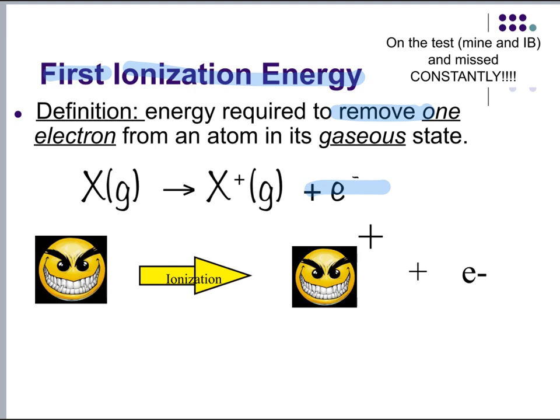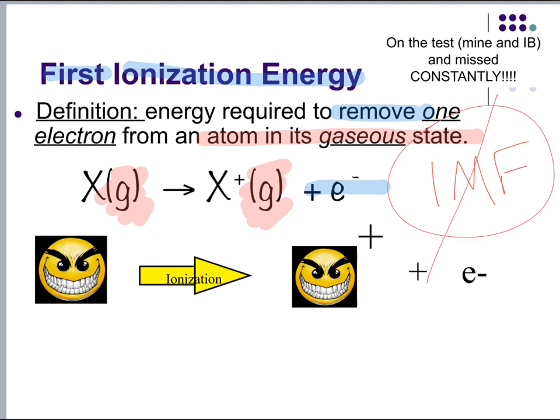There's a very, very important stipulation that you have to remember, and that is that the atom must be in a gaseous state. It has to be in the gas phase. That is because only in the gas phase have you essentially eliminated all of your intermolecular forces. So you're comparing just the ionization energy of pulling that electron out, considering only the attraction within the atom itself.